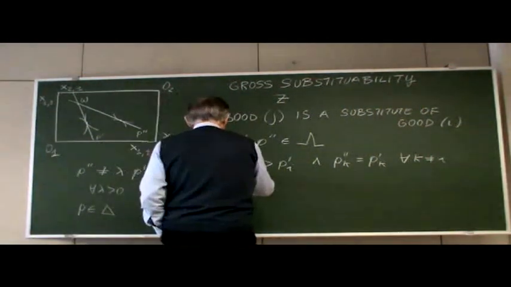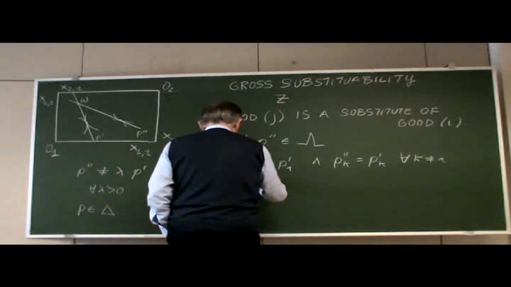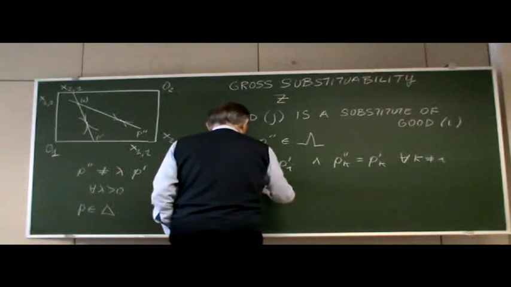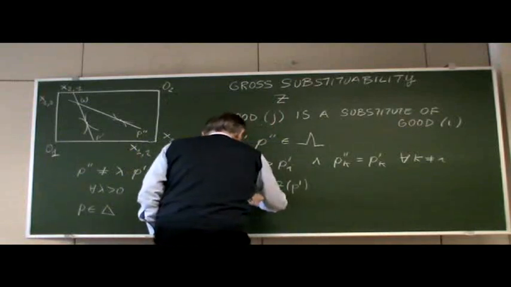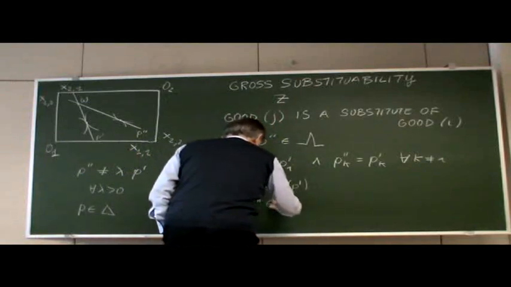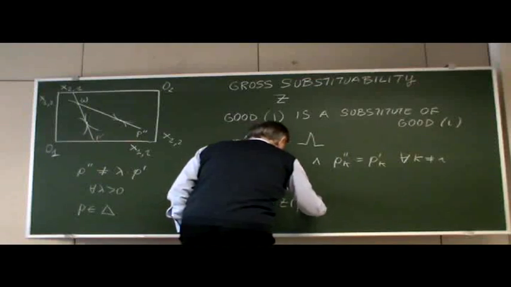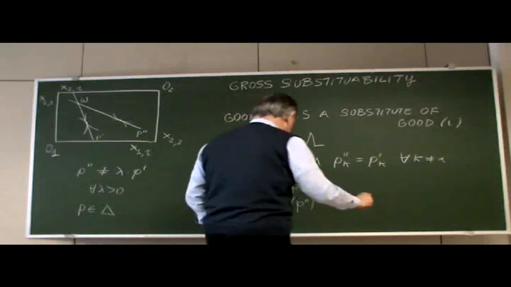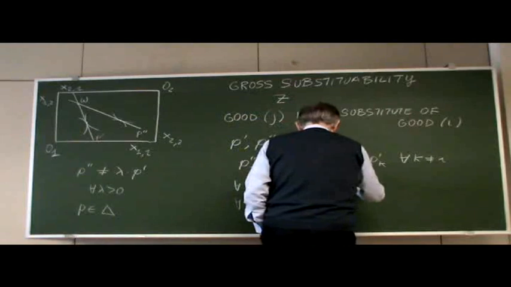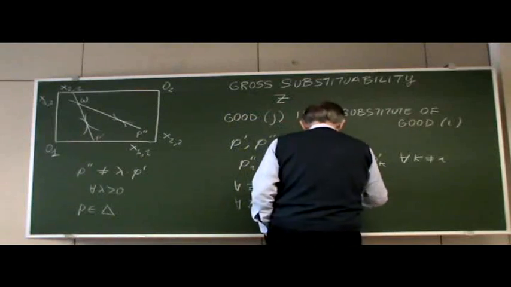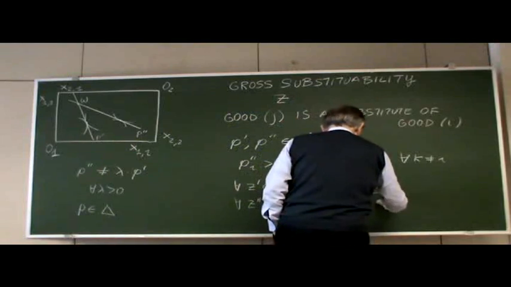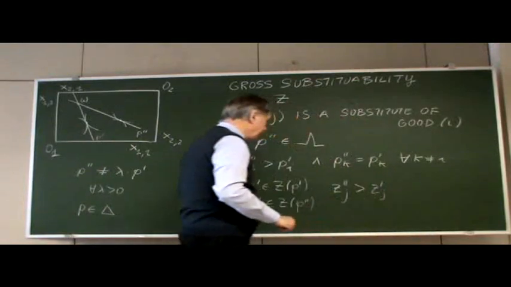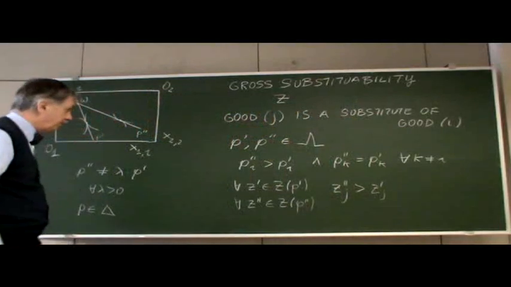Then, for every Z prime in Z of P prime, for every Z double prime in Z of P double prime, Z double prime J is greater than Z prime J. You remember this property?